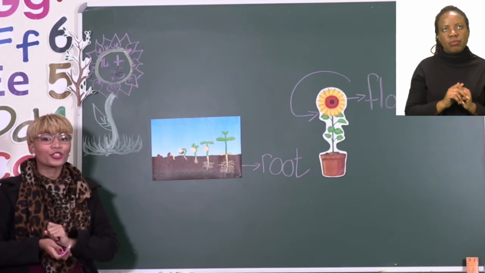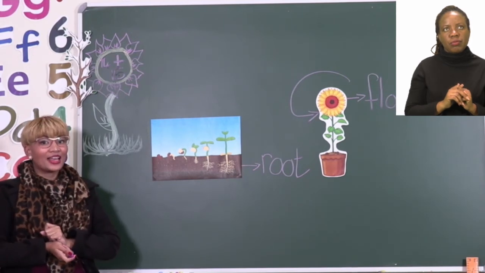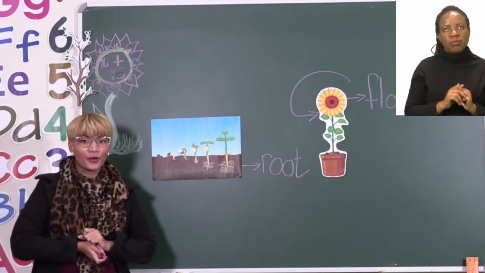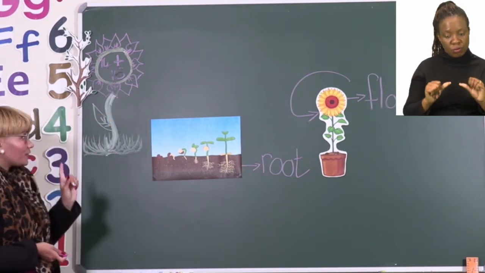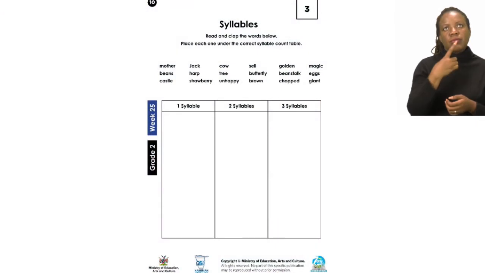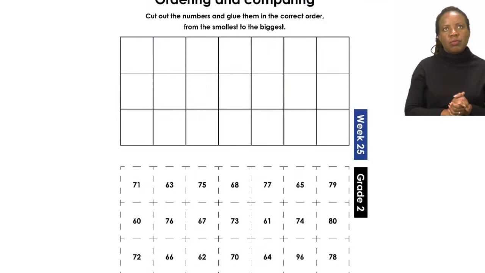Now, before you continue with coloring and looking at the parts of the flower, I want us to quickly turn our booklets to page 15. Now, on page 15 in our workbook, we are going to do some ordering and comparing.